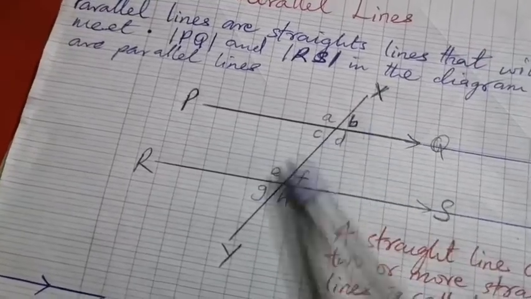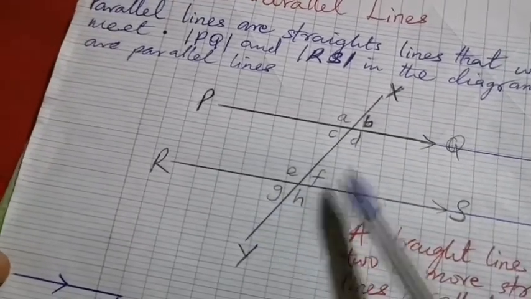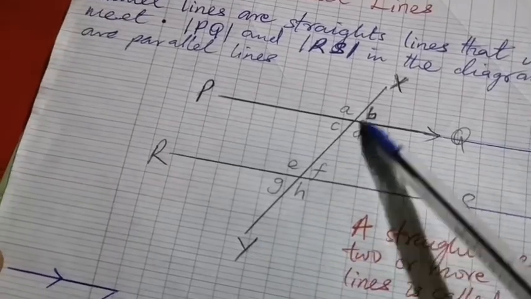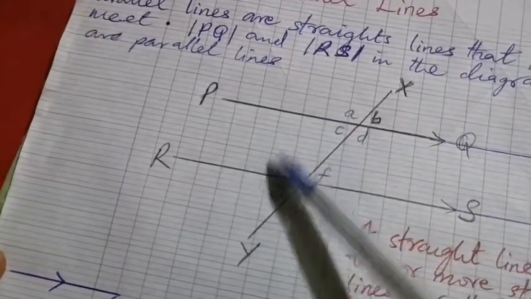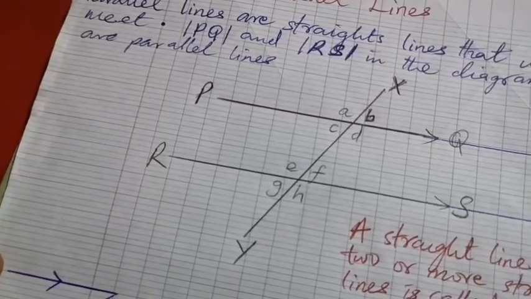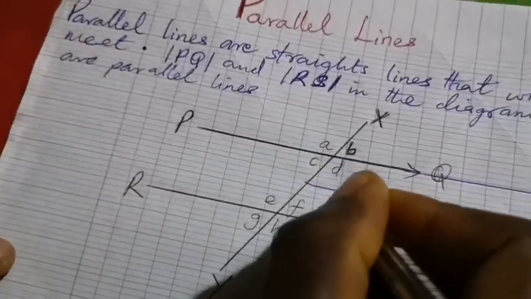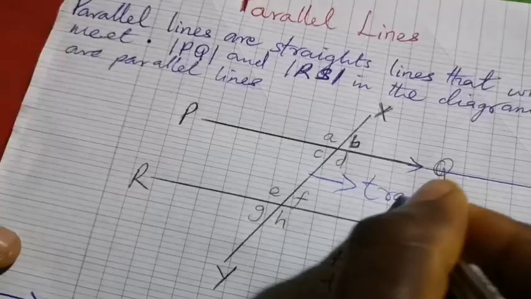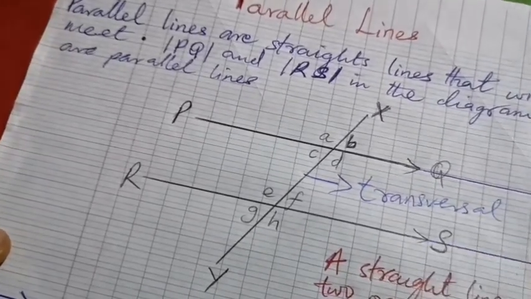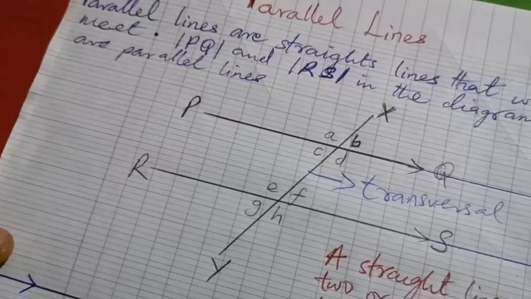A transversal line is a straight line that cuts two or more straight lines. So this particular line that cuts these two lines is called a transversal line. Okay.